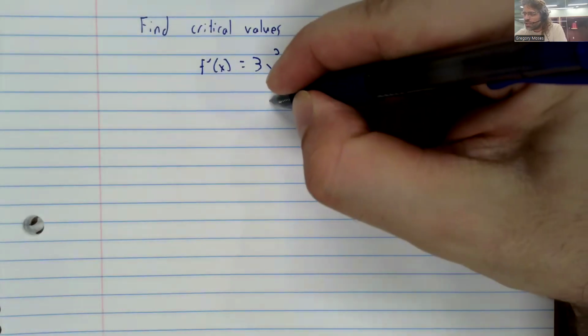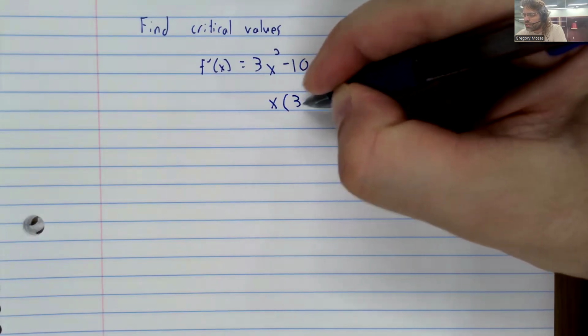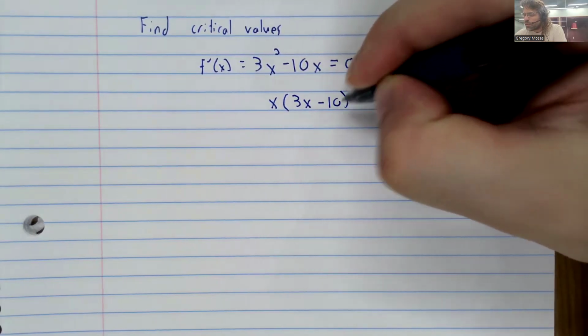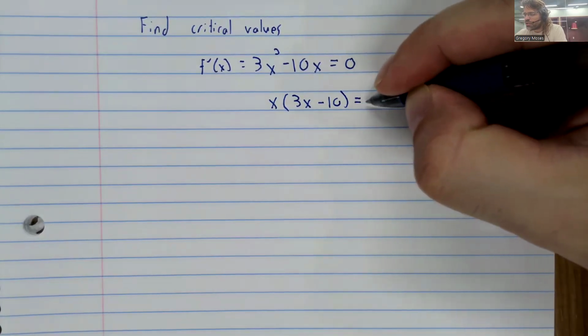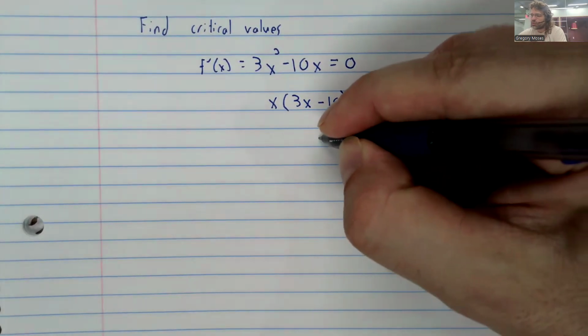And this is a quadratic, but I selected it to work out well and not require the quadratic formula. We can pull out an x. We get x times 3x minus 10. We set that equal to 0.